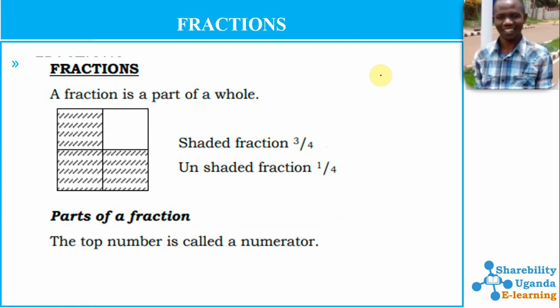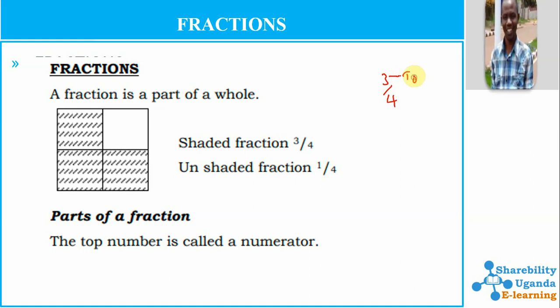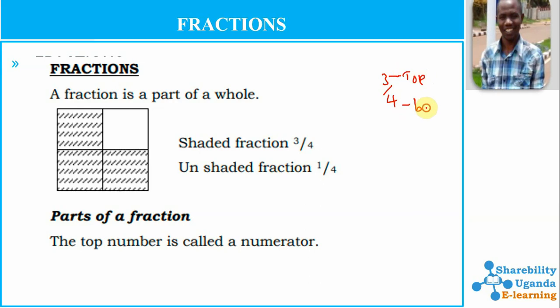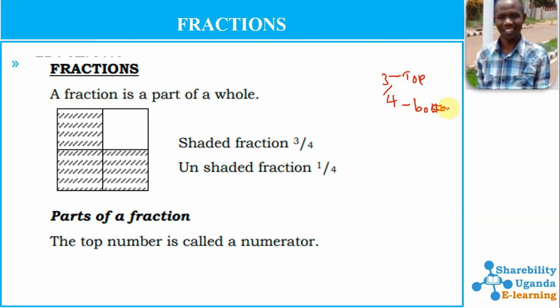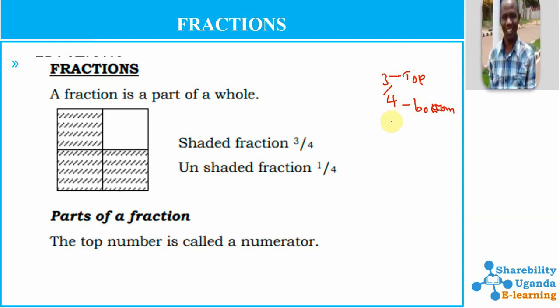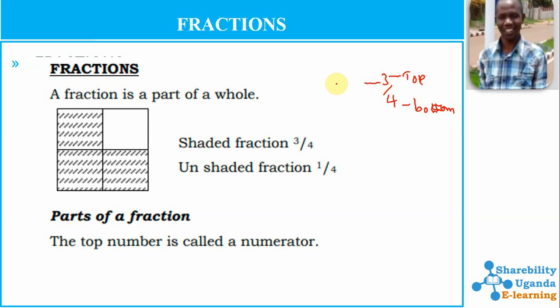For example, if we have our 3 out of 4, we can call this one our top, and this one our what? Our bottom. So the top part, our 3, is going to be the top, then our 4 is going to be the bottom. We call the top one a numerator.